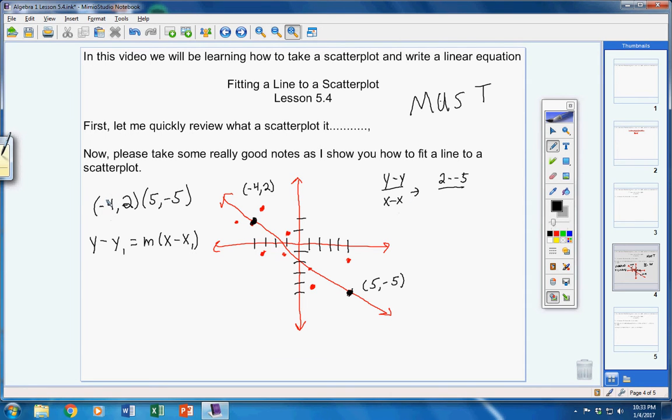Your first x is -4. Then minus, and your next x is 5. So you get 2 minus a -5 is +5, that's 7. -4 minus 5, that's -9. So a positive over a negative is negative, and 7 ninths cannot be reduced. So there, we found the slope.